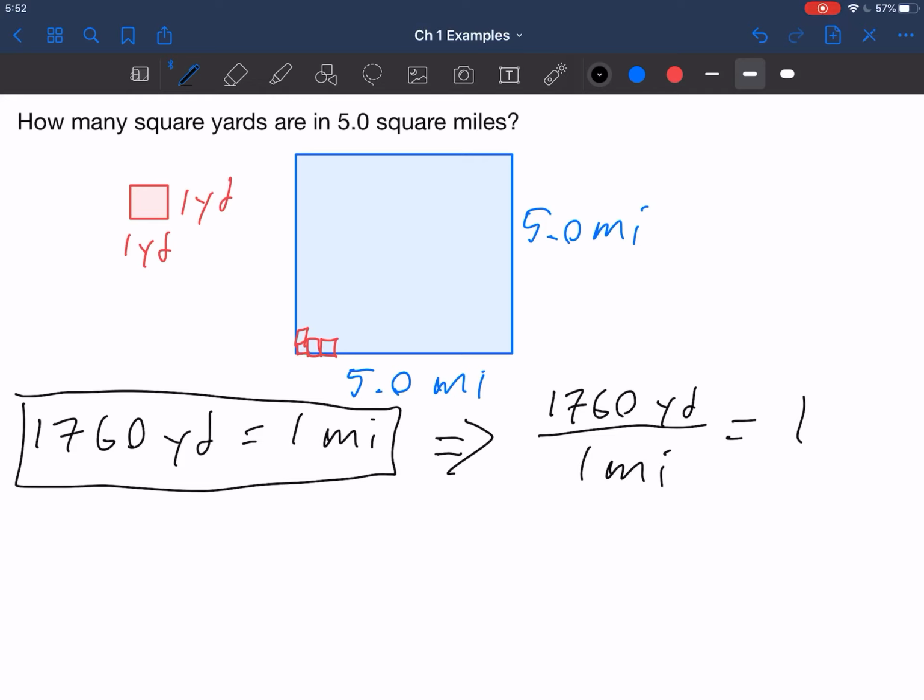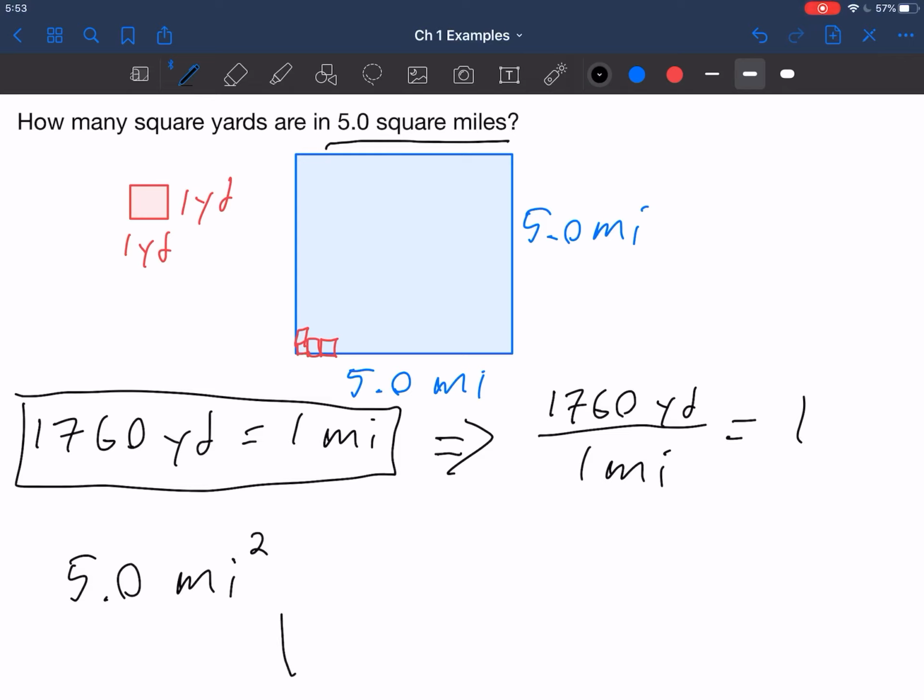So let's write down the actual measurement we want to convert. We want to convert 5.0 square miles, or miles squared, if we're using that type of notation. And now I want to multiply this by our ratio. But you'll notice that our ratio has miles in the denominator, and we need miles squared in the denominator so that the miles squared cancels out.